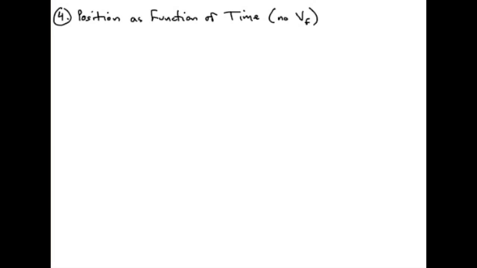If you recall number 1, our first derived equation, was that final velocity equals the initial velocity plus acceleration times the change in time.